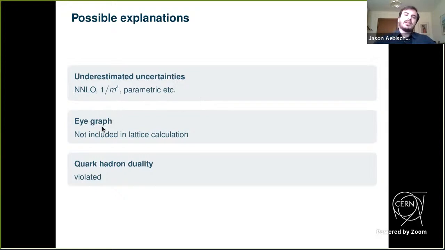Then one possibility could be coming from the eye graph. So this is a contribution in the lattice, which is not included in the lattice calculation for the matrix elements, so for these bag parameters that go into this calculation, because this eye graph is difficult to compute, so it hasn't been estimated yet. But soon there should be a paper coming out which estimates this eye graph with HQE sum rules.